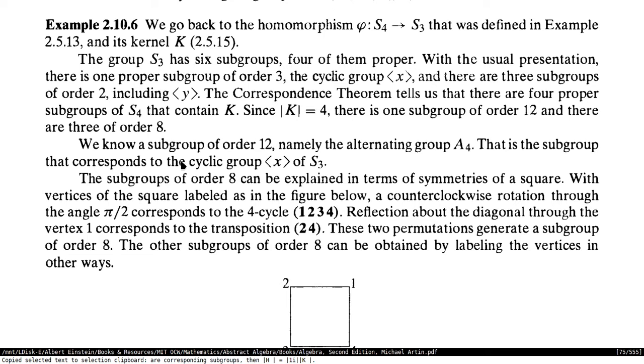So this is the subgroup that corresponds to the cyclic group X of S3, because it's going to contain the kernel, and you correspond that to the subgroup of order 3, which is the cyclic group generated by X of S3.